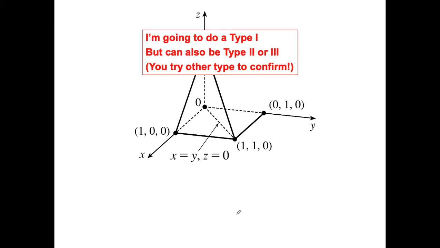But if you can go back and try this as a type 2 and a type 3 and get the same answer as me, then you really are going to know how to do a triple integral, and more importantly, you're going to know how to set up the triple integral limits, which is the hardest part of this section.